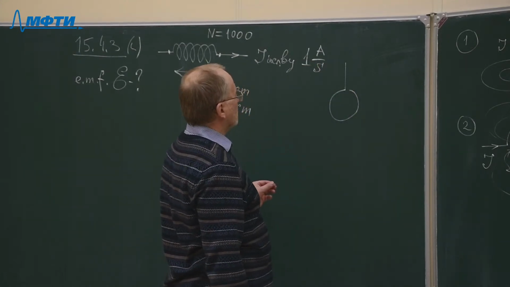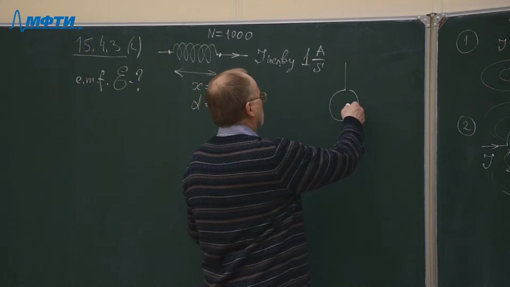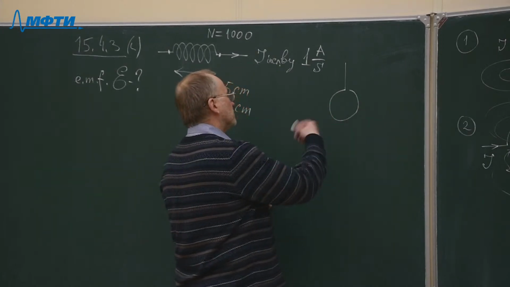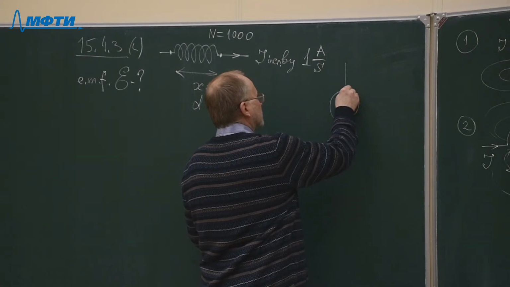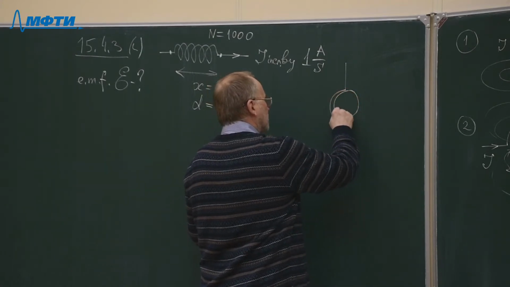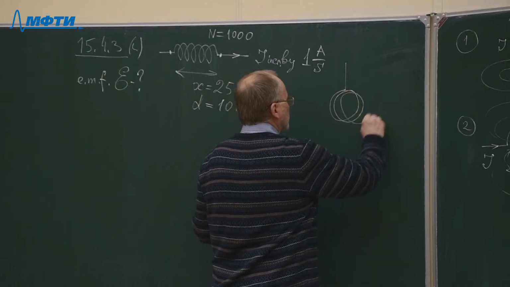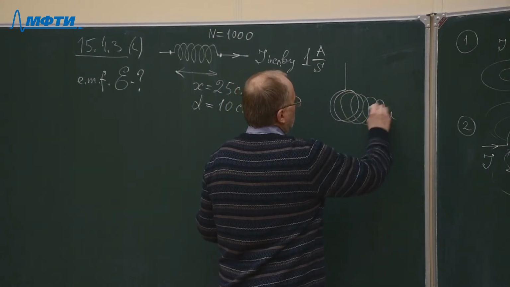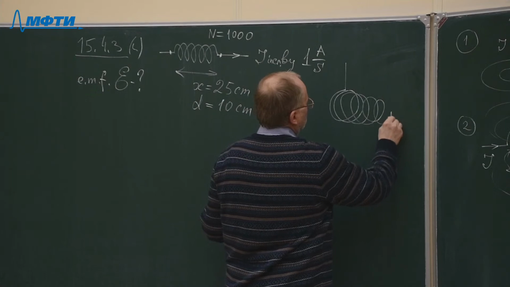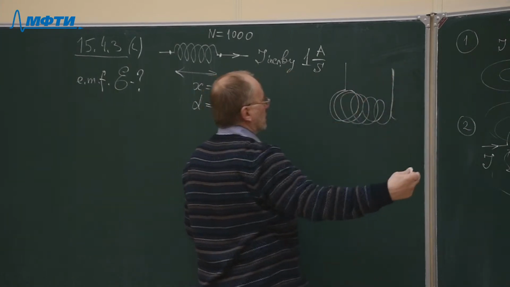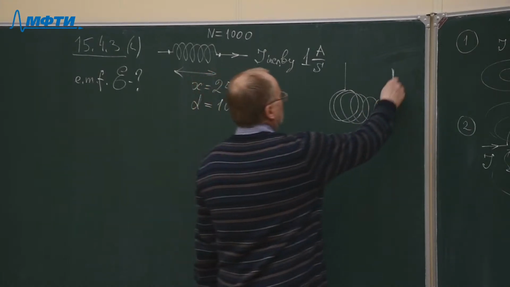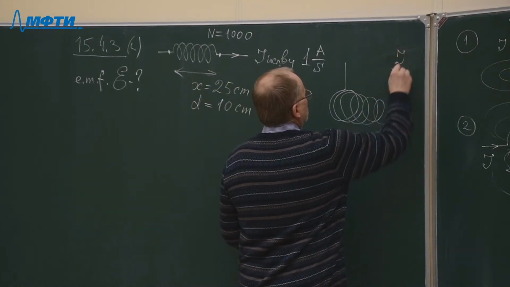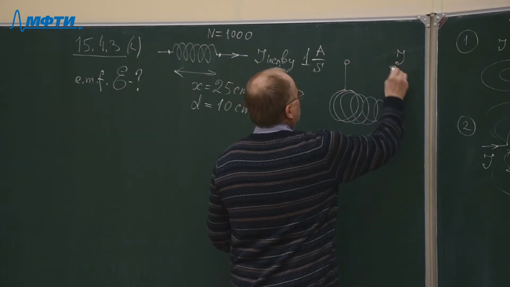But actually, in order to multiply this effect, in order to make this effect better visible and stronger, people take not a single loop of current, but many loops, which is a solenoid. And if we increase the magnetic flux through this solenoid, then the effect will be larger, and the current which flows here will be larger.